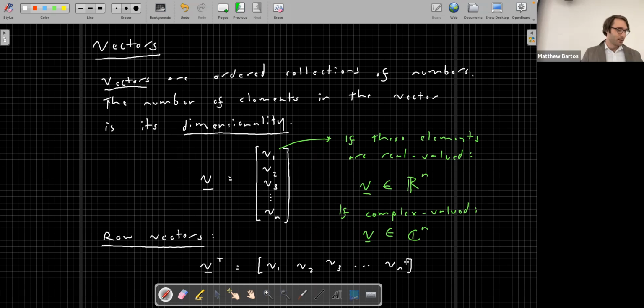By convention, I will be using column vectors in this class. Other fields may have different conventions. Are there any questions on this? This isn't really a definition, but an intuitive sense of what I mean when I talk about vectors. Vectors are ordered collections of numbers.